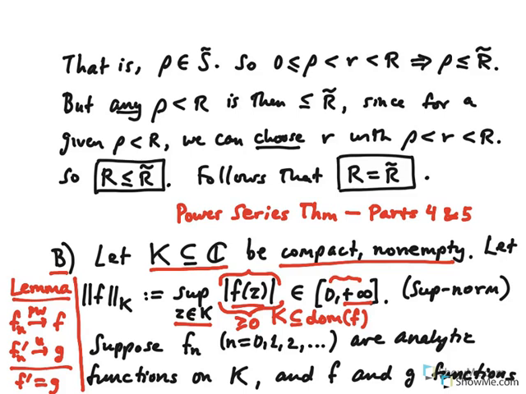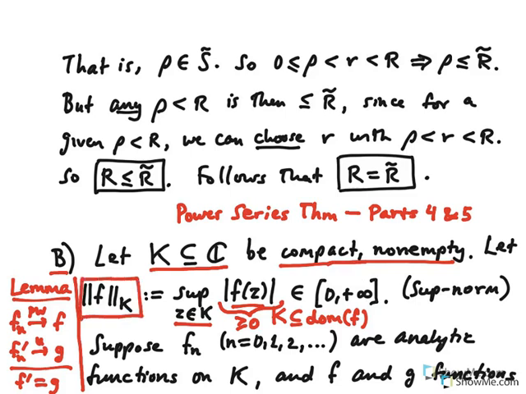And in that case, the supremum would be plus infinity. So we have to include plus infinity. That's why I have a square bracket here rather than a round parenthesis, because plus infinity is being included as a possible value.